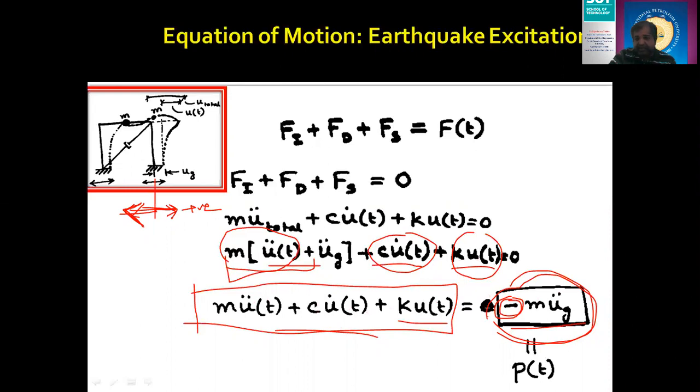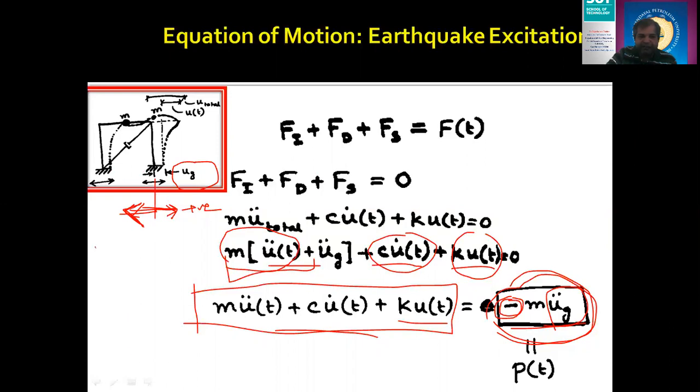So you can see this earthquake excitation is the external force, and its value is the ground acceleration, that is u double dot of g, multiplied by the mass of the system.